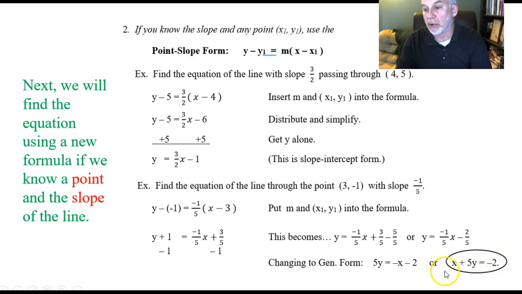And that's the general form for the equation for this line. Okay, now the slope-intercept form was right above it here. y equals negative 1/5 x minus 2/5. Sometimes you do get the y-intercept, the b, to be a fraction, but in this case we multiplied through by 5 and got rid of the fractions.